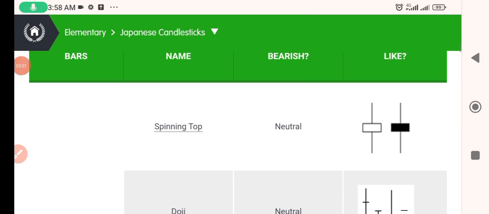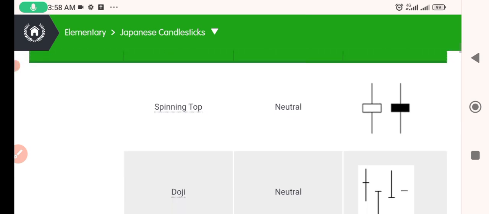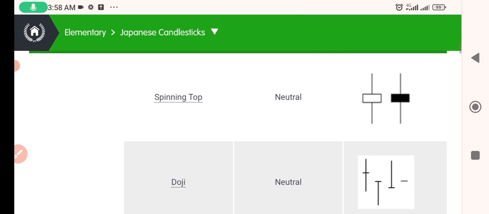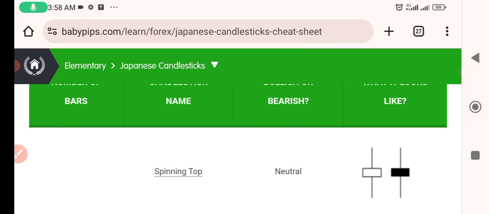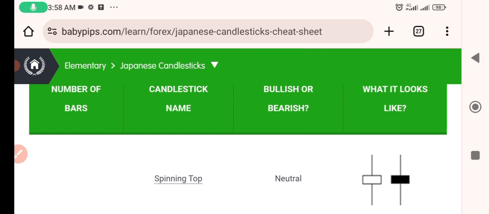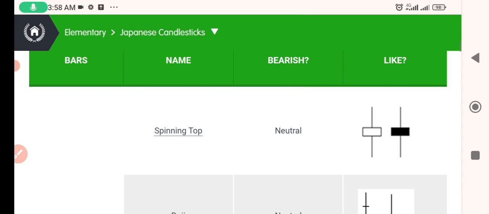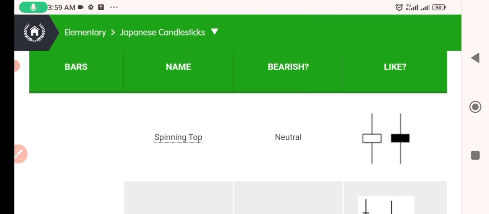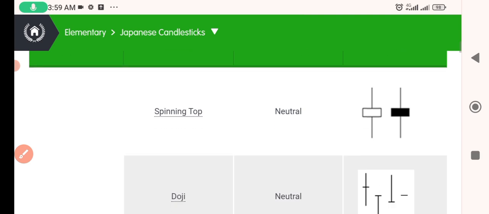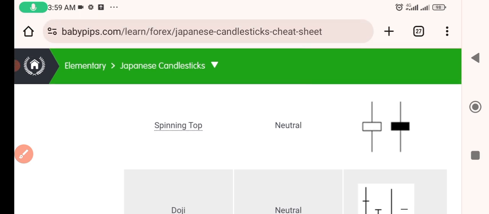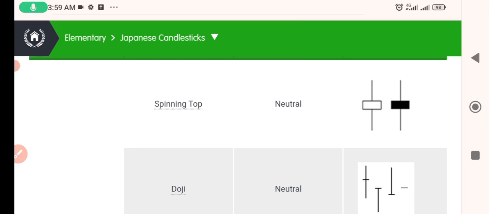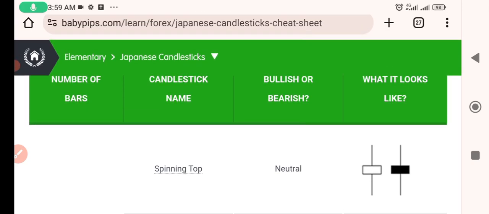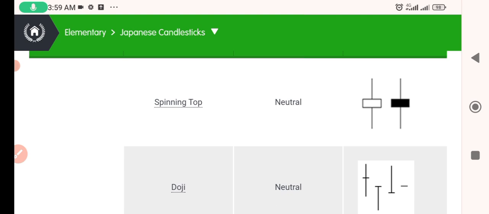Now here is a chart showing us the various types of candlestick patterns. From the first one, we have the heading, the bars, the name. Is it bearish, or what do you see about it? Looking at this, we have the spinning top, and this spinning top can either be bullish or bearish, regardless of where it is from.